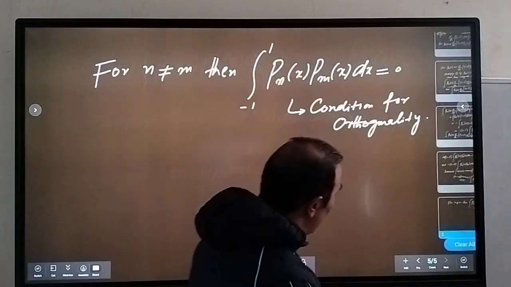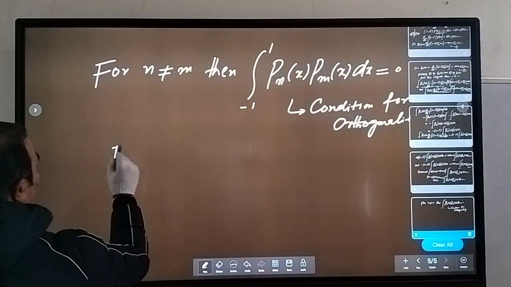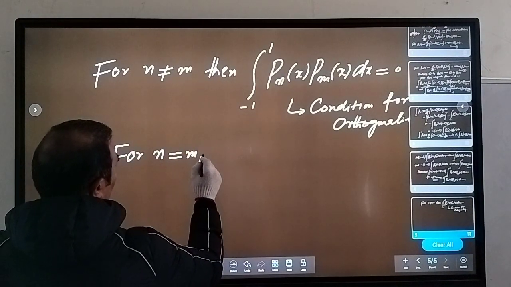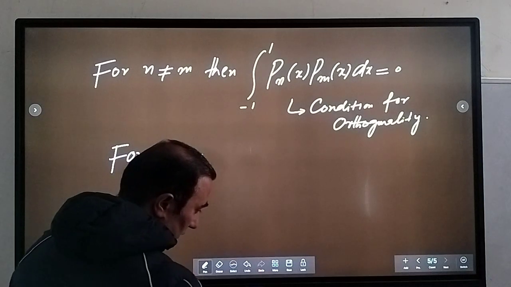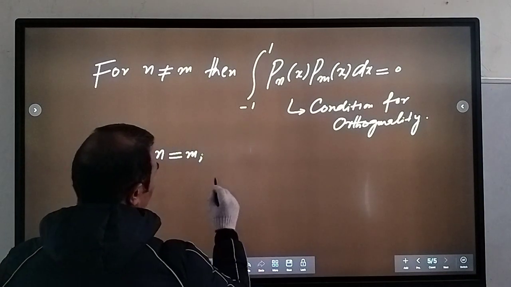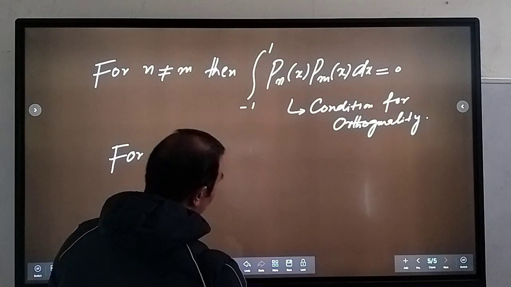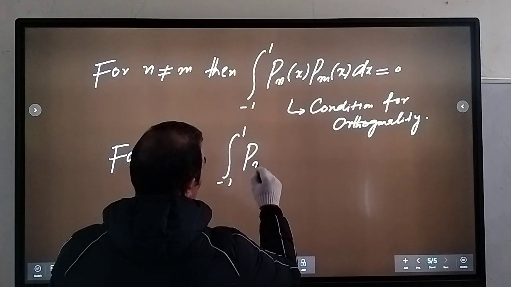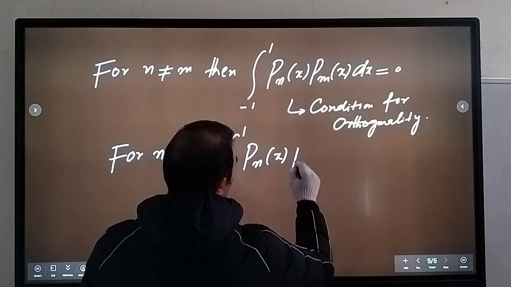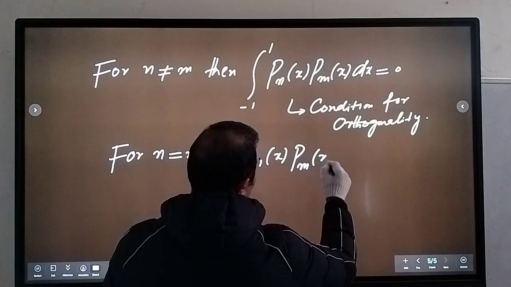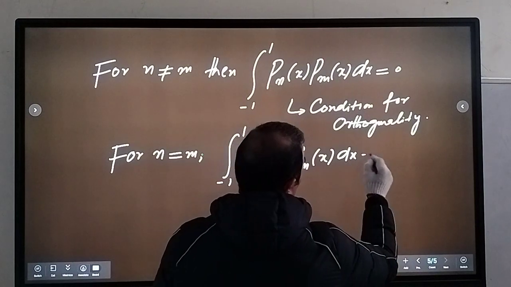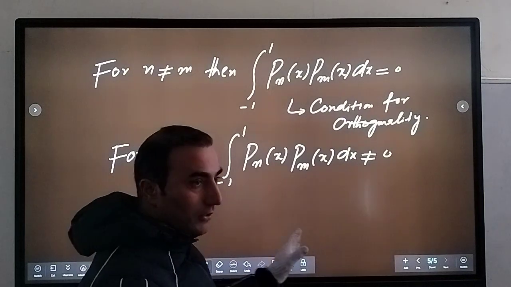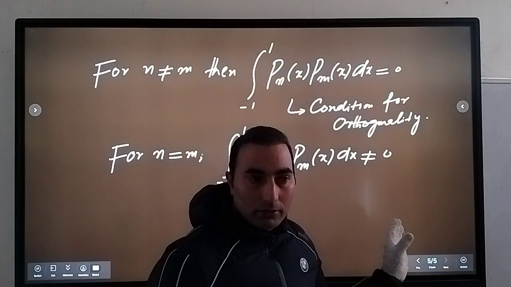So in that case, for n equal to m, we can write minus 1 to plus 1. Right? So in that case, let us now use the property of the generating function.